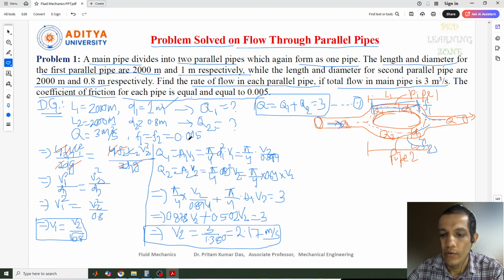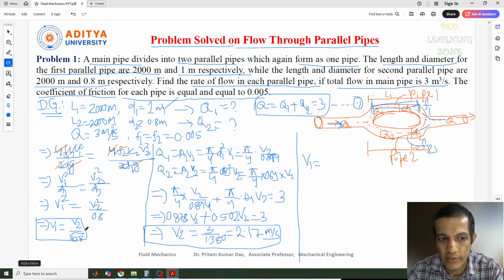Okay, now one velocity we got means the second velocity also we can easily find out, because the same value we can put here and find the value there. So I'll just put this value, let me draw a line. Now the V2 value I got, so I'll put this value in this equation.